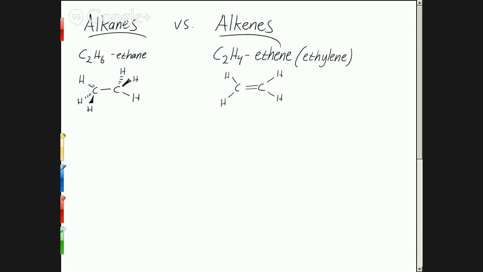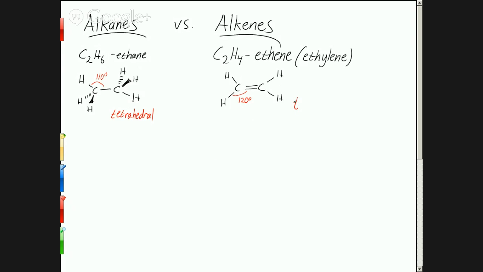So these bond angles are about 110 degrees. These are 120. You have fewer things there, so they can spread out a little bit, and they can be planar. This is what we call tetrahedral geometry.